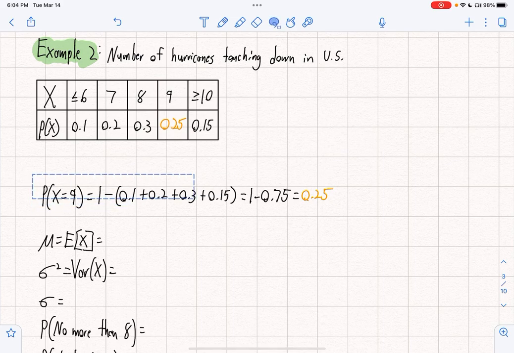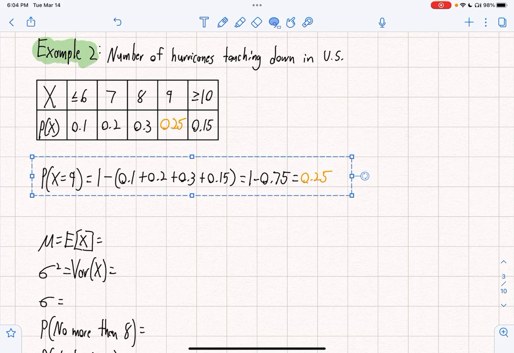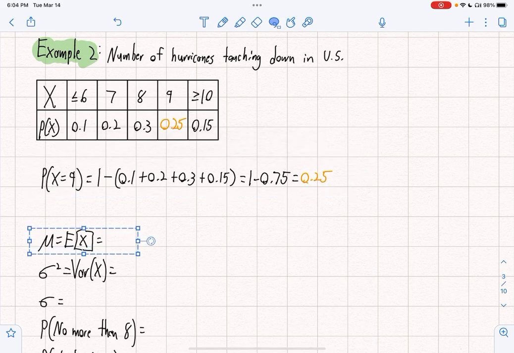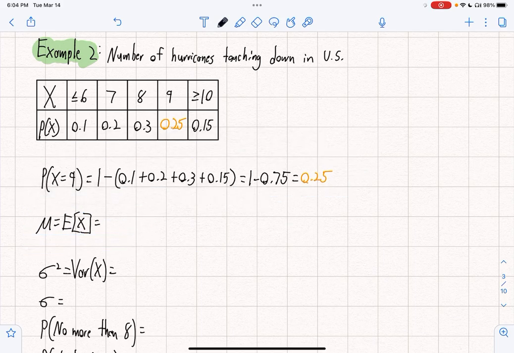Okay, so now we can go ahead and calculate our expected values and variances. So the expected value of x, we recall it's the summation x times p of x.